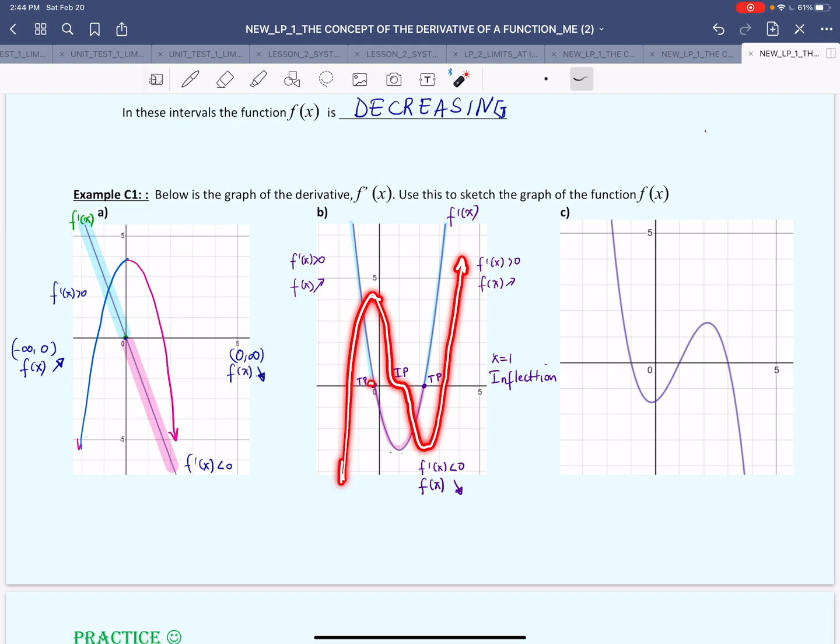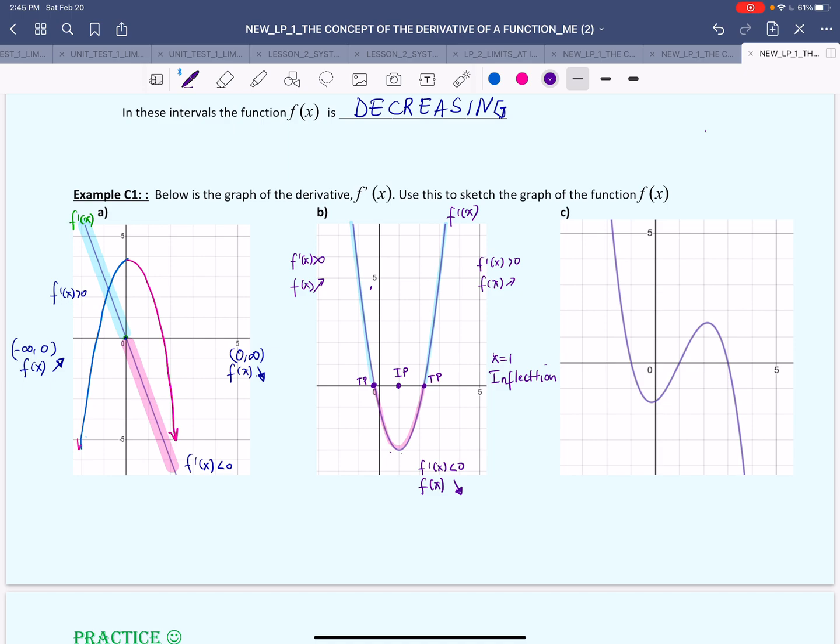So we have an increasing function up to x here at this point. It starts decreasing and it makes an inflection point at x equals 1, and it keeps on decreasing up to this x value. At this x value, it starts increasing again. So this would be a predicted shape of the graph of this function, okay?